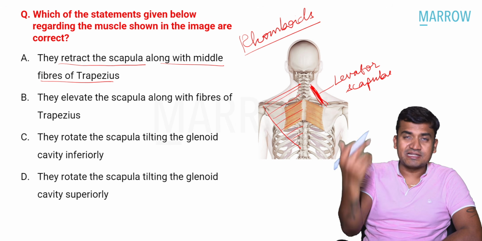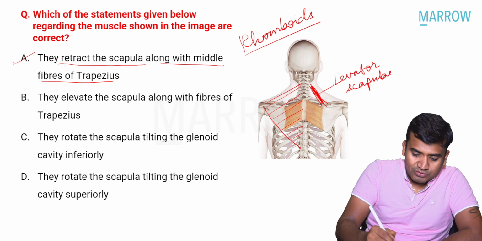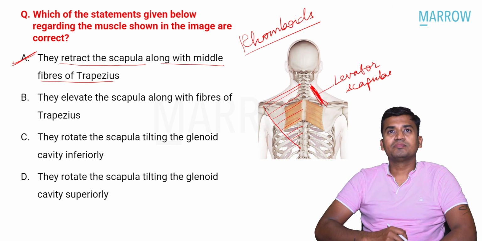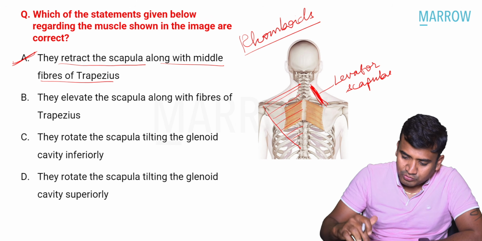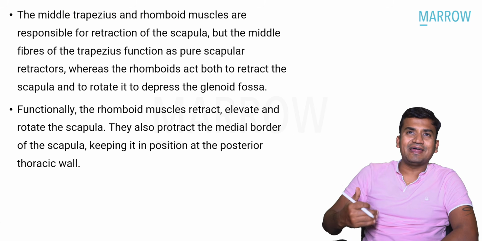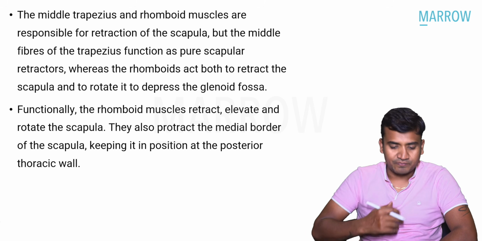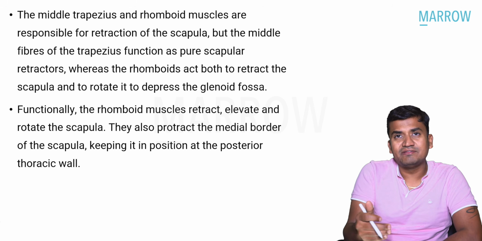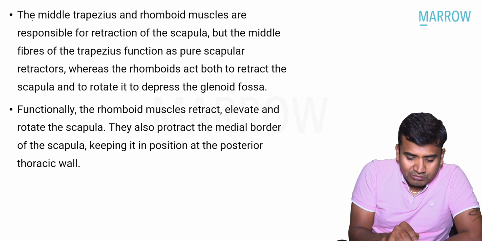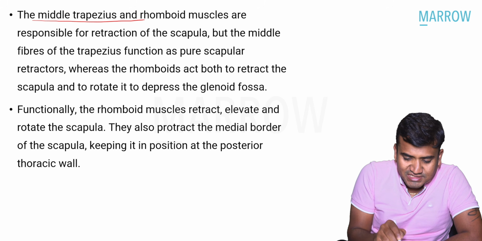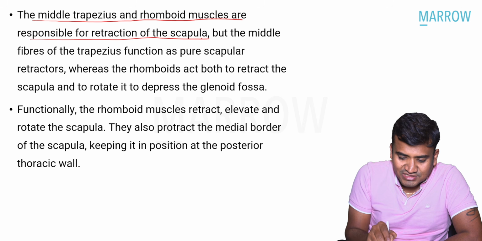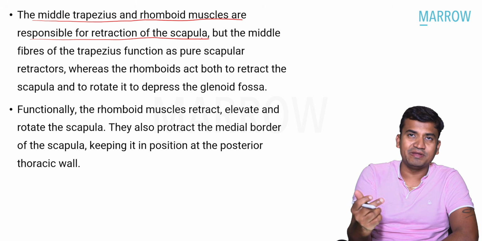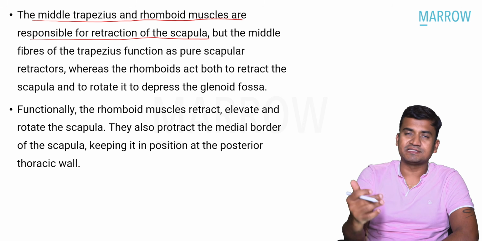If it is a single best answer type, then we have to select only this answer. But in the biomechanics of shoulder joint movement, they are explaining the other actions of our rhomboideus muscle. So please underline, these are the lines given in Gray's Anatomy. The middle fibers of trapezius along with the rhomboids are responsible for retraction of the scapula. Single best answer means retraction of scapula is the answer.